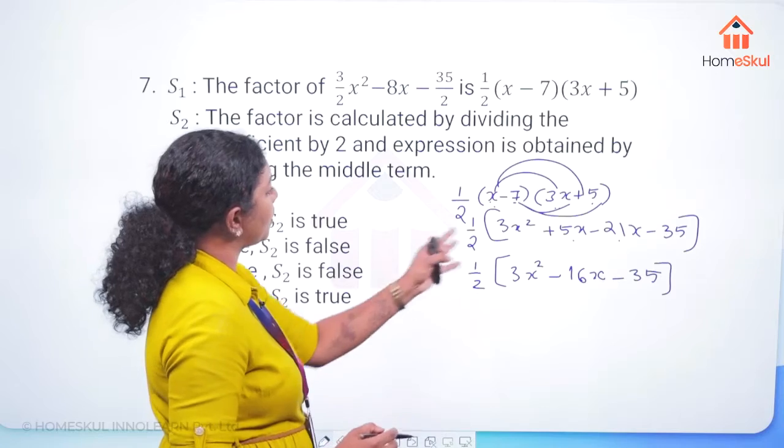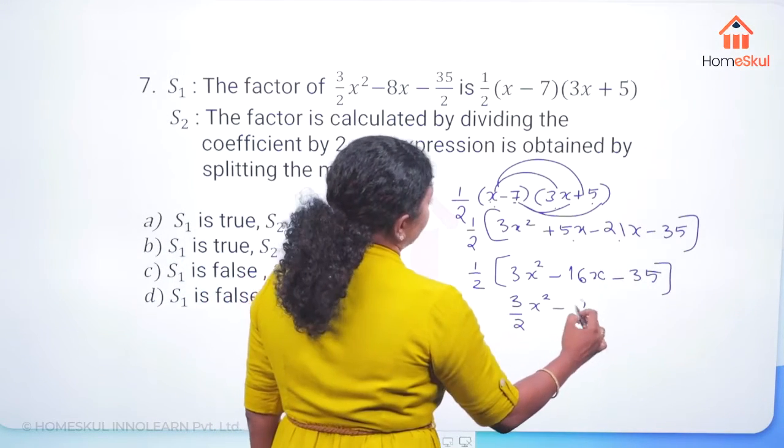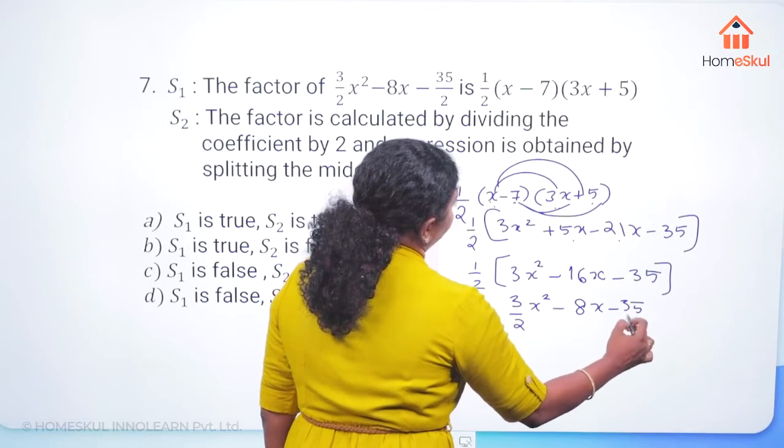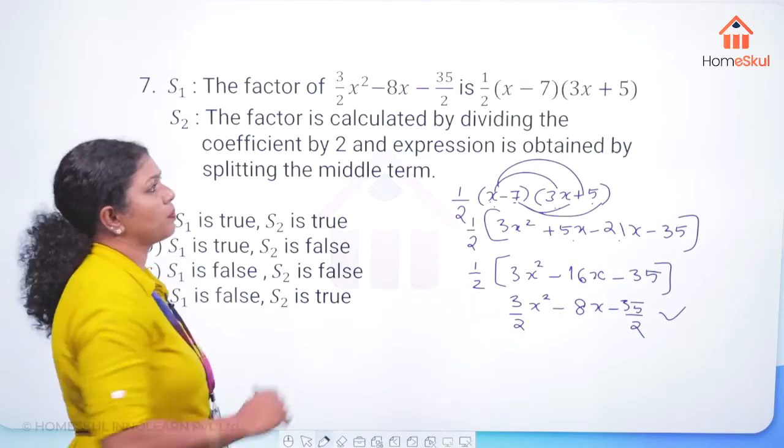When you take the 2 inside, it is 3 by 2 x square minus 8x minus 35 by 2. So it's the correct answer. So the first one is true.